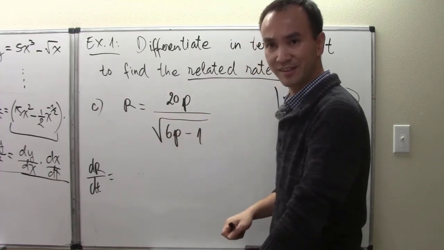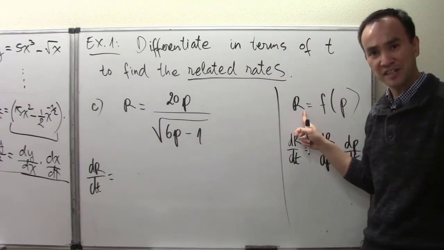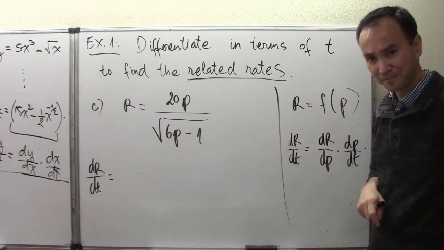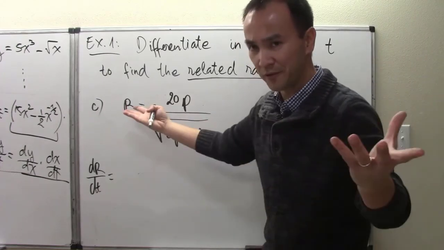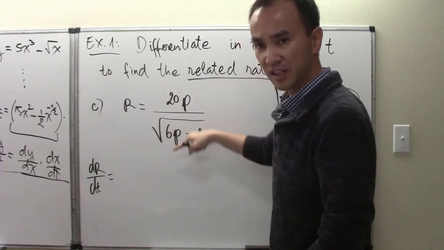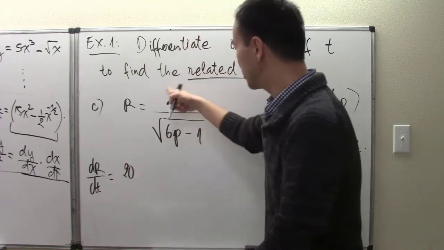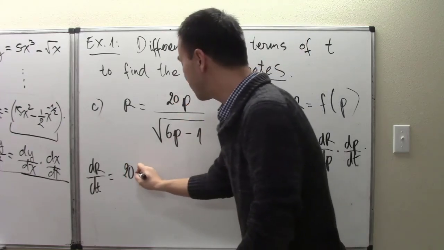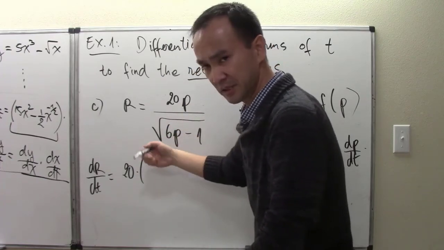That's the advantage for us right here, because we already have R expressed as a function of P. There are quite a few different ways to do this, but directly we can use the quotient rule on this. So 20 is the derivative of the numerator, multiplied with the denominator, which is inside the square root, so I decide to keep that as a power of 1/2.